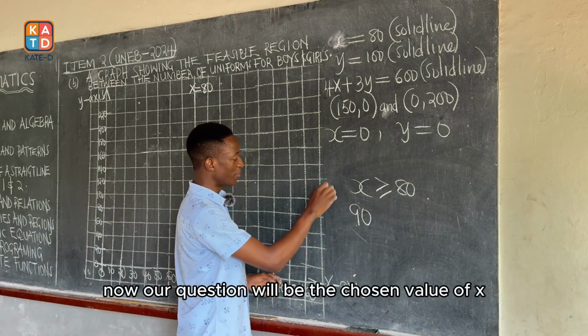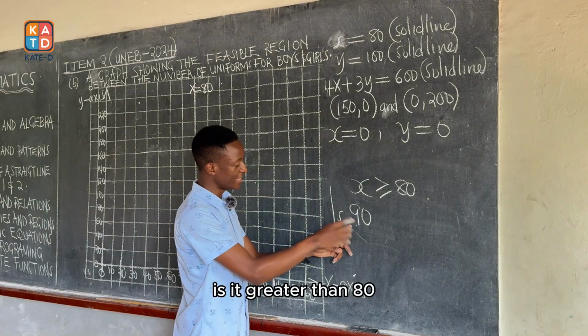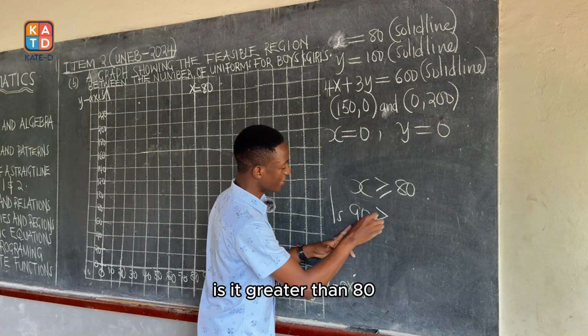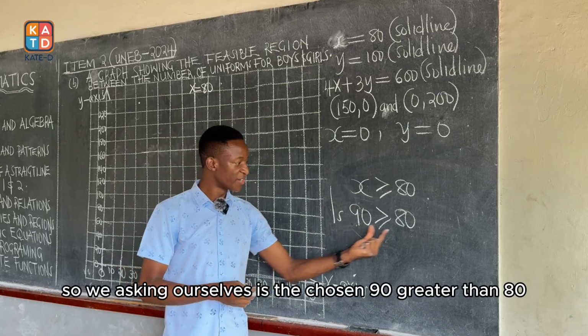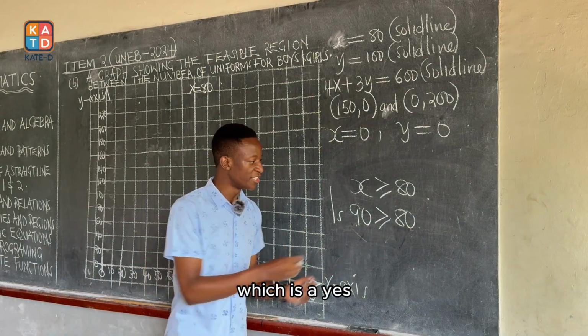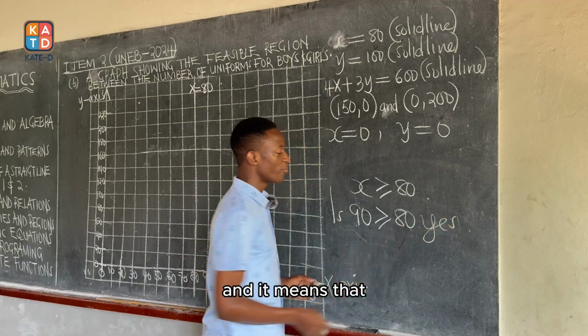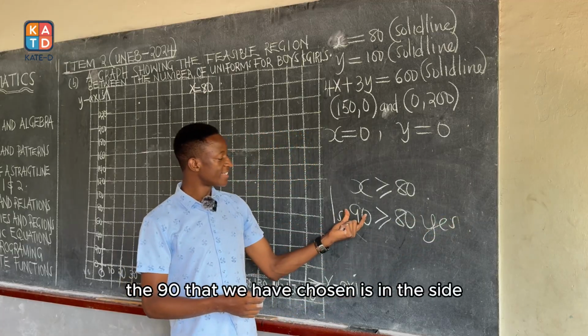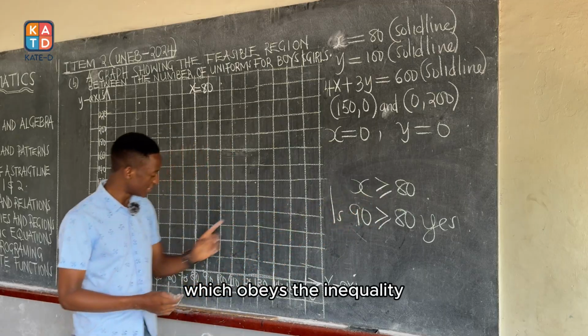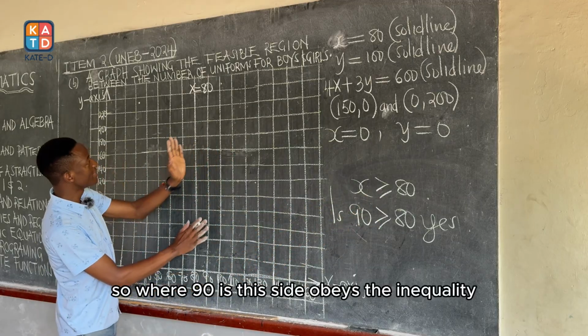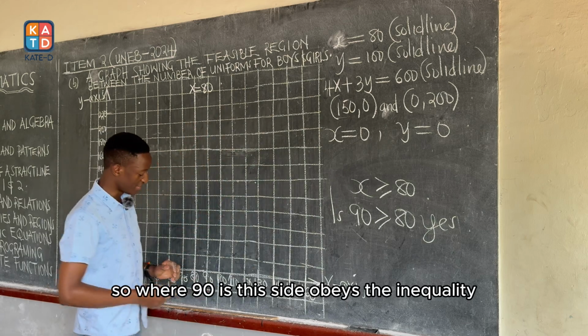Now our question will be: is the chosen value of x greater than 80? Is 90 greater than 80? Yes. It means that the 90 we have chosen is in the side which obeys the inequality. So where 90 is, this side obeys the inequality.